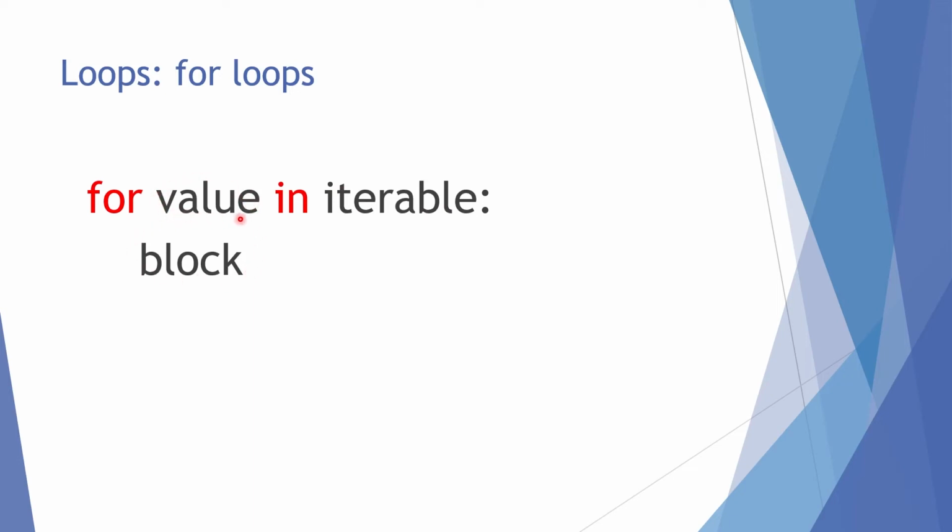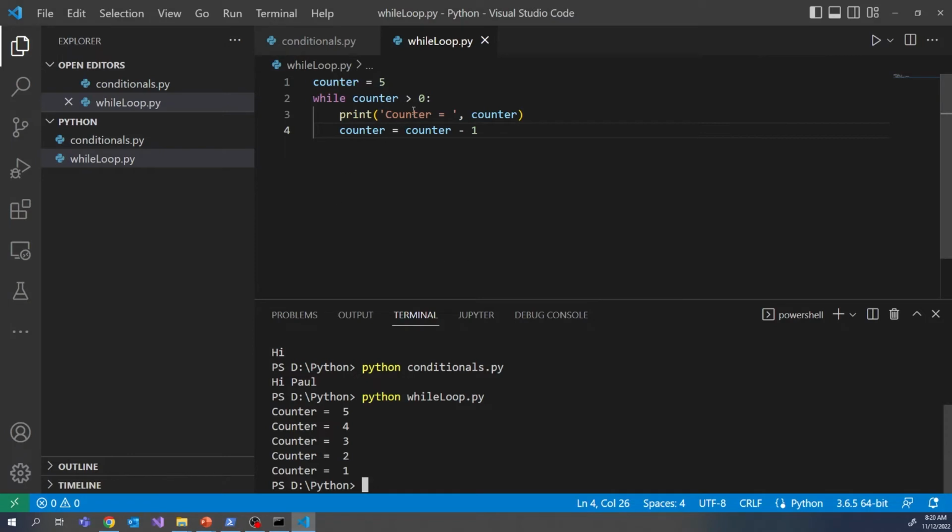Second, we take the second value until it ends. To demonstrate this, I'll open again Visual Studio Code, and here we will create a new file, for loop.py.